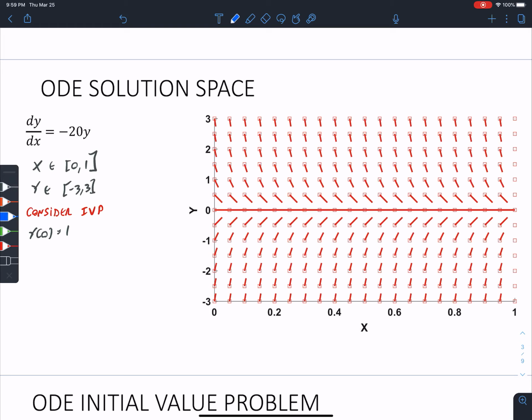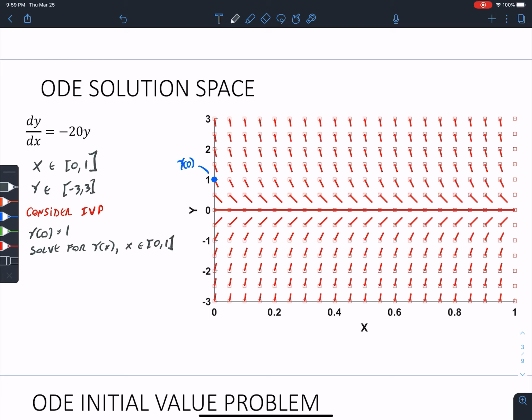This is our initial point, y of 0, which is stated at the beginning of the problem. And then we need to solve for y of x for x belonging to 0, 1. That's our task.